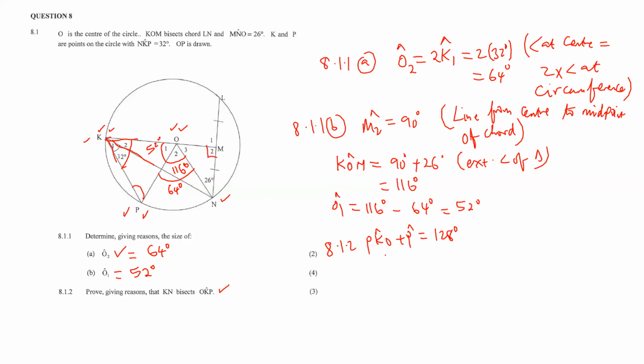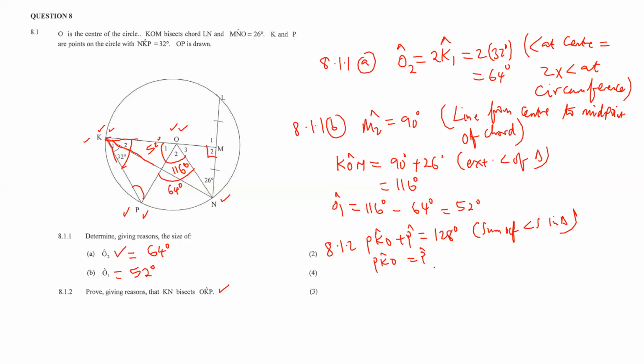This is the sum of the angles in a triangle. So PKO is equal to P.